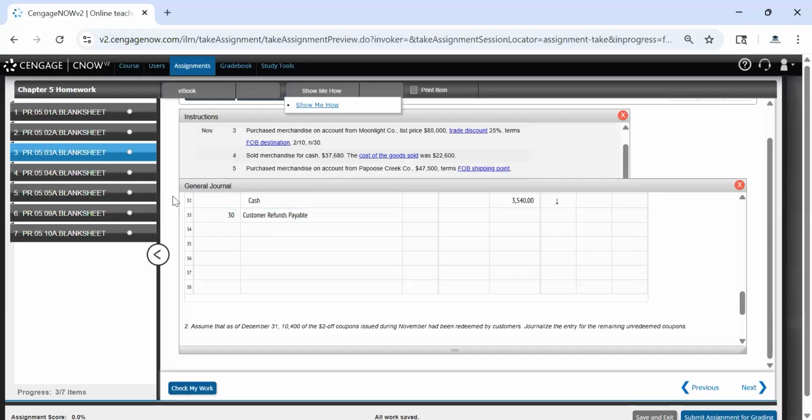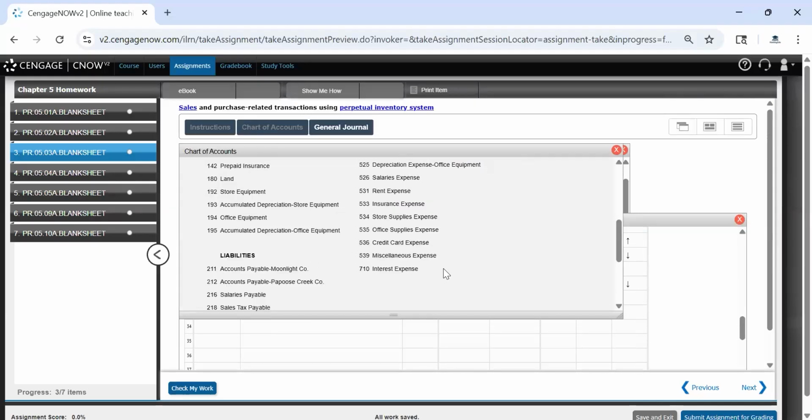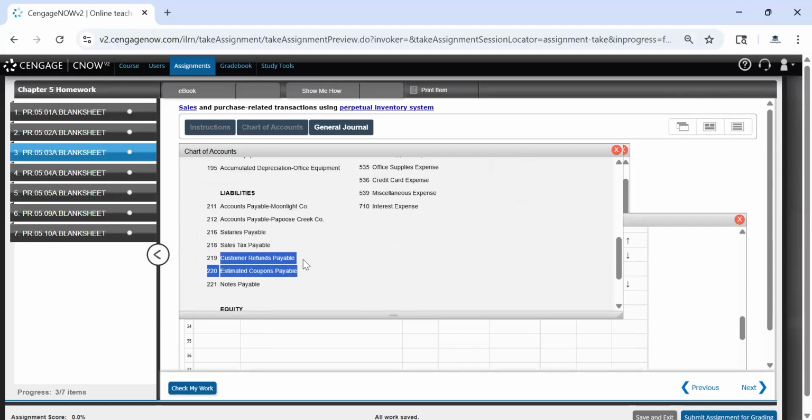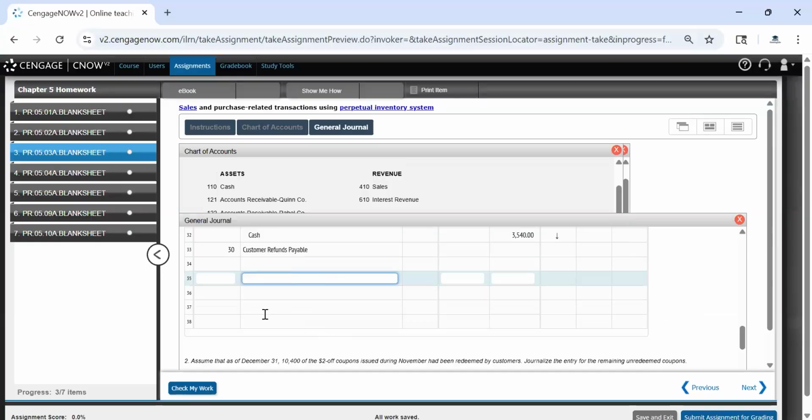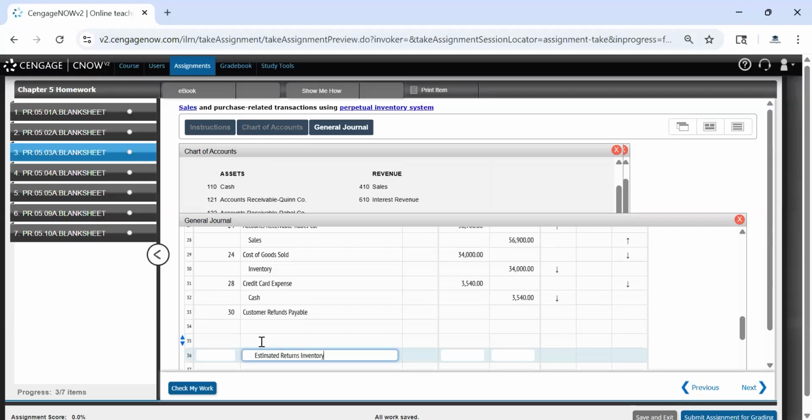Also, in our chart of accounts, customer refunds payable is our liability, and our estimated returns inventory is our inventory asset for this.